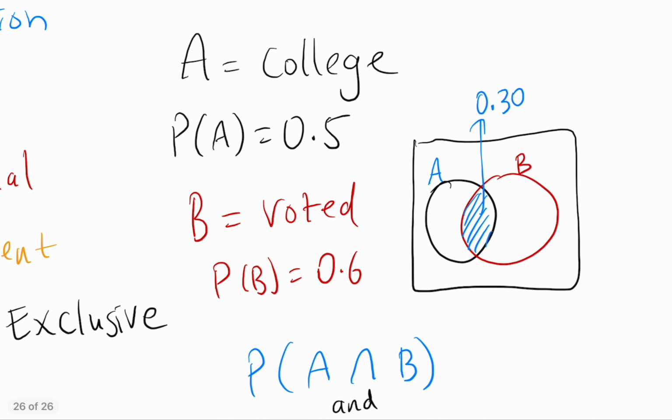If you were asked P of B given A, the other way around, that would mean suppose you have somebody who you know for a fact is in college or has a college degree, what's the probability that they vote? So the order matters here. A given B and B given A are very different things.